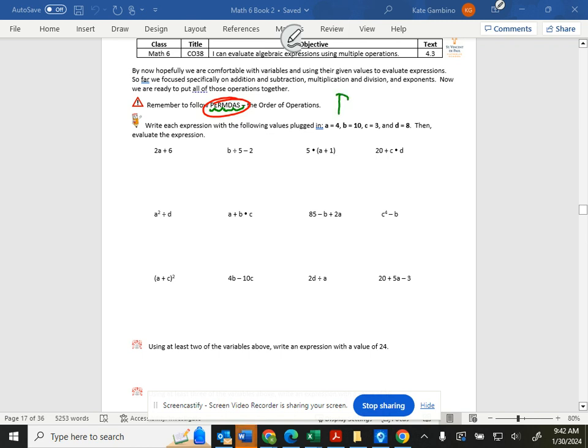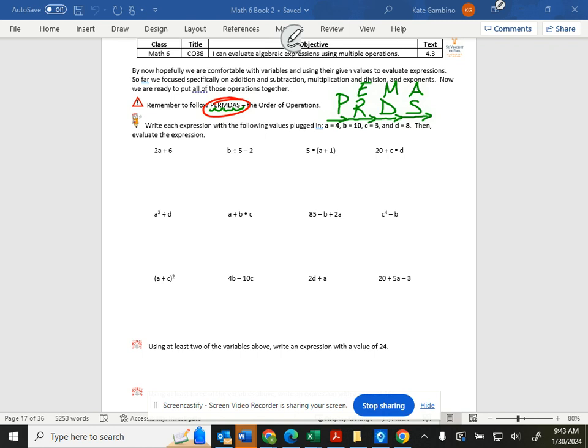So really, it should look like this. And it's whichever one you come to first, going from left to right. It's just easier when we write it out in one line and call it the cute name of PEMDAS. But always, there's kids who think, oh, I have to add before I can subtract.